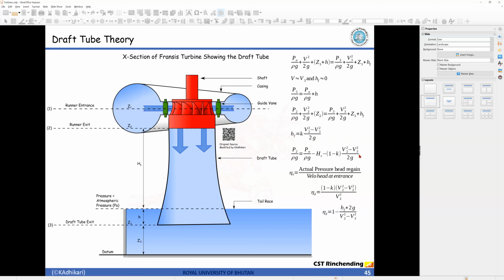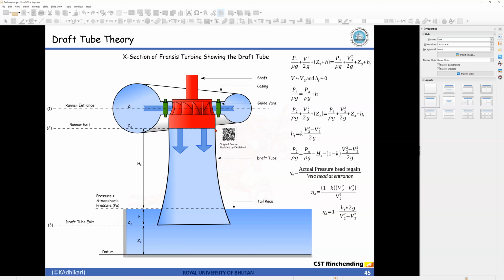Now what did you notice from this? What you need to notice here is that pressure at this point, section 2, is less than atmospheric pressure by a fraction of HF minus V2 square divided by the kinetic head, this parameter.